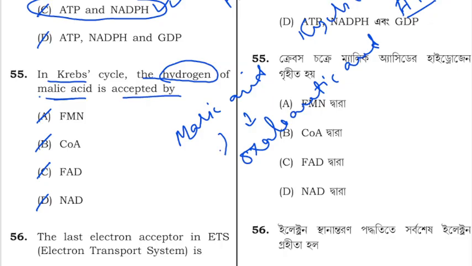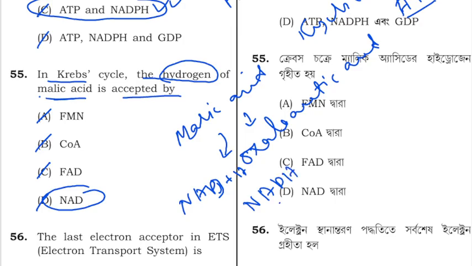In that reaction, hydrogen is released and goes with the NAD plus H. It will form NADH. So the correct answer is option D, that is NAD is the acceptor molecule of hydrogen.